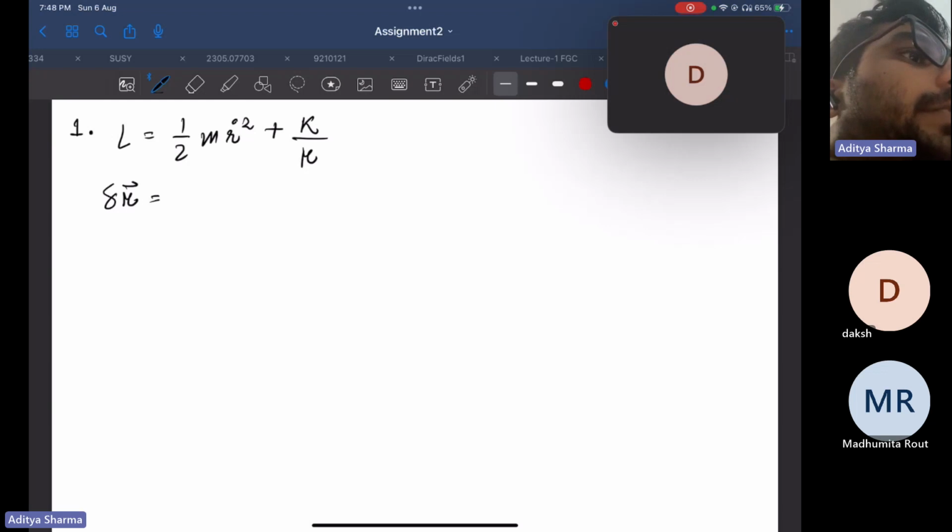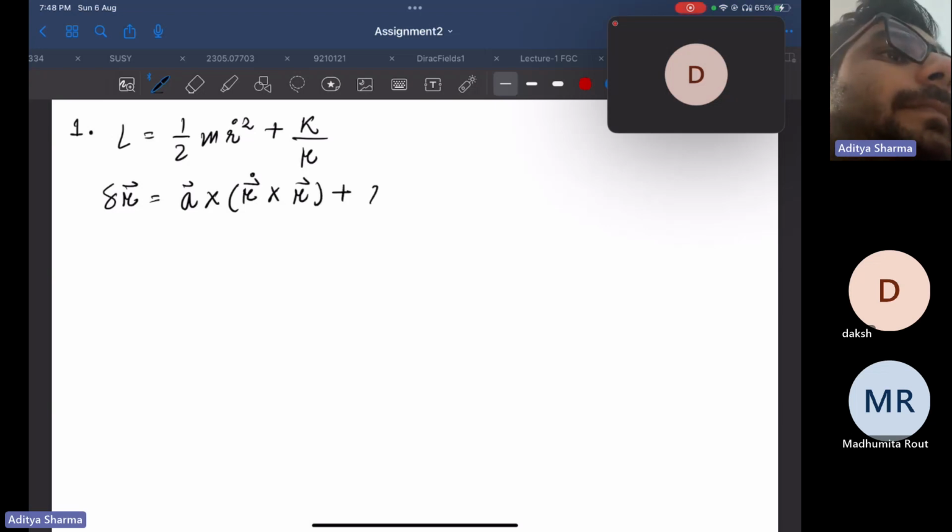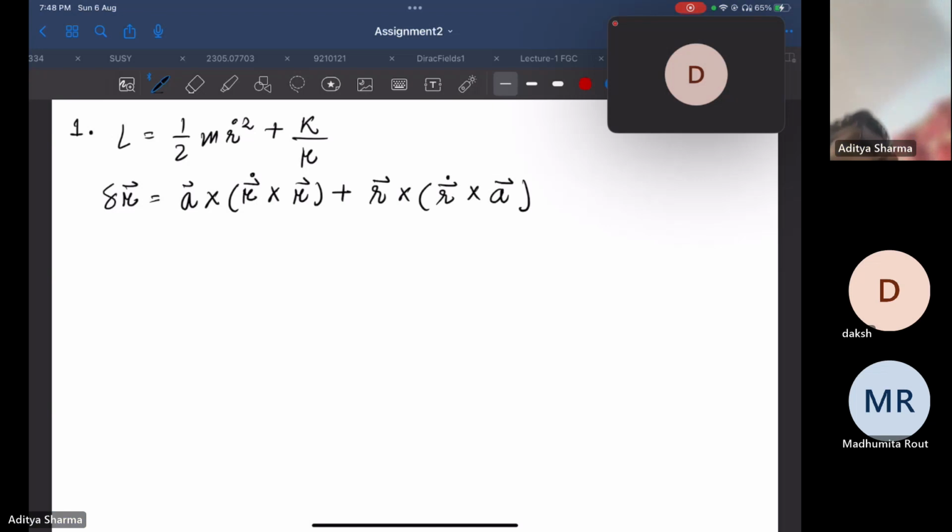Delta r vector is a vector, some constant a vector, cross r vector dot cross r vector plus r vector cross a vector.